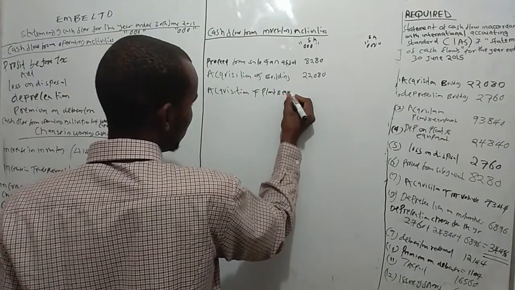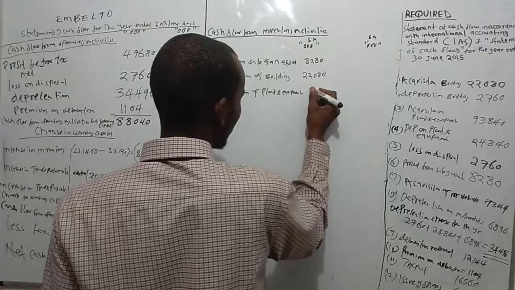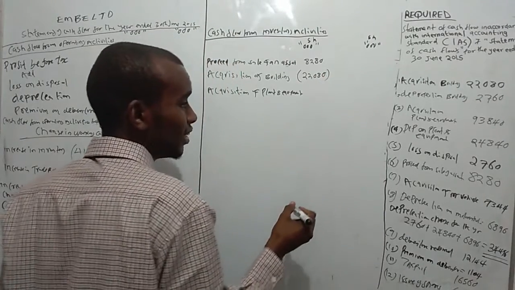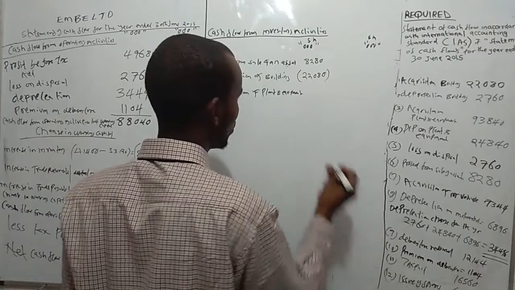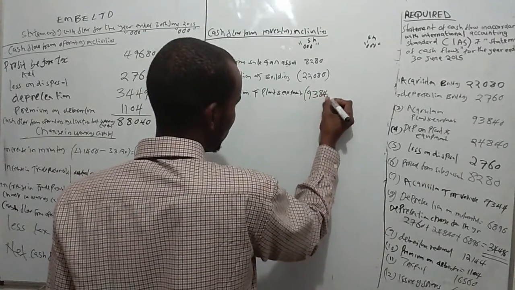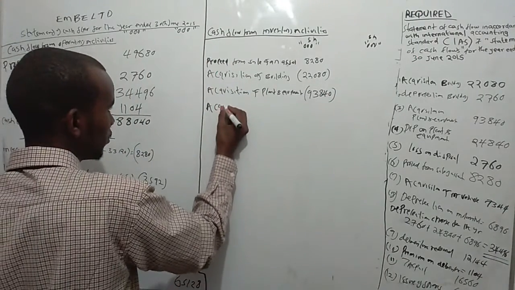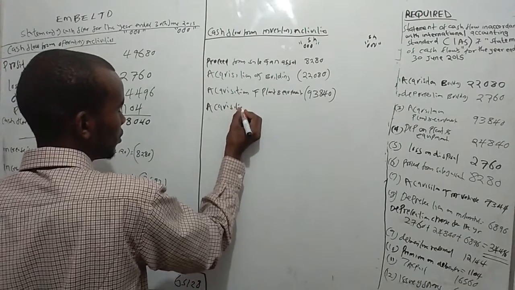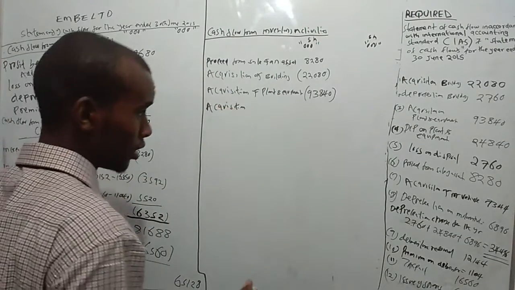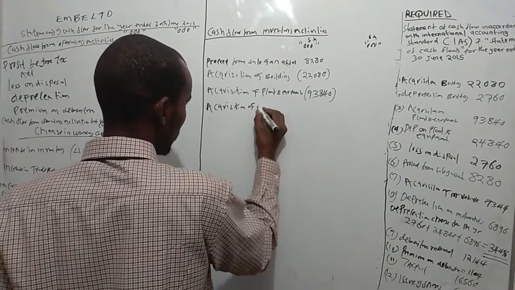The amount there is 93,840. Remember, this is an outflow, so it has a negative sign, the same with the building. Last, we are also having acquisition of motor vehicle.